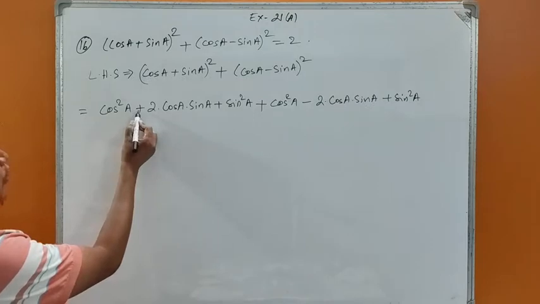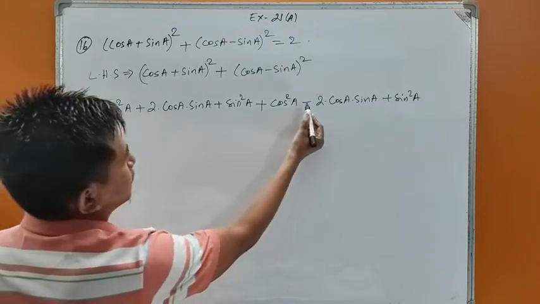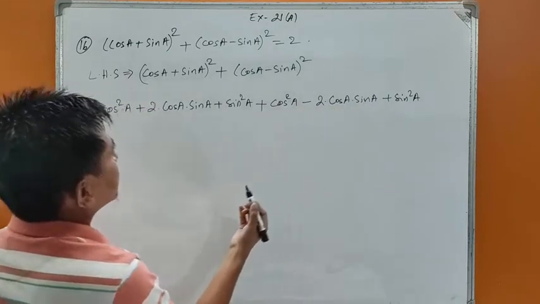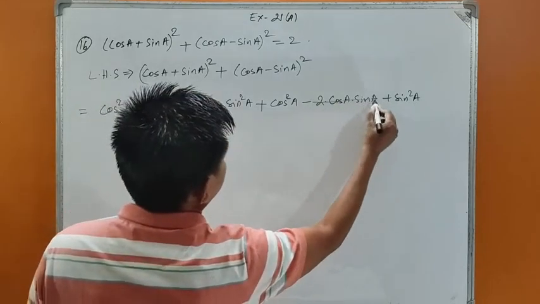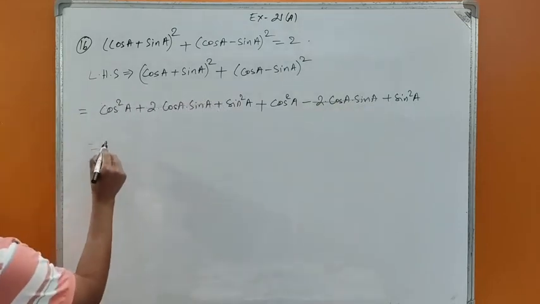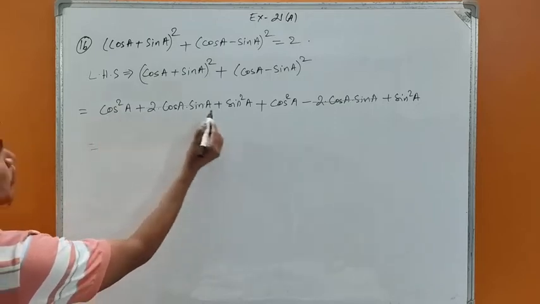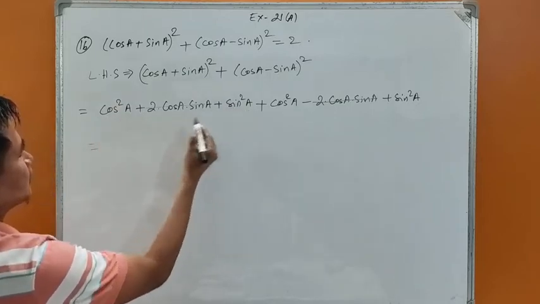So you can see plus 2 cos a sin a and here minus 2 cos a sin a. Same number, opposite sign, so you can cancel this, isn't it? This becomes 0. Now we have here cos square a plus sin square a, isn't it?